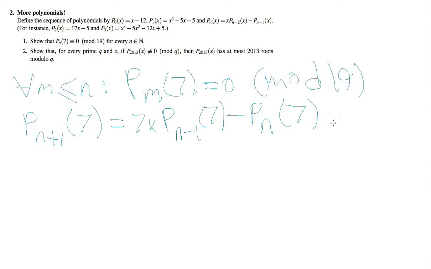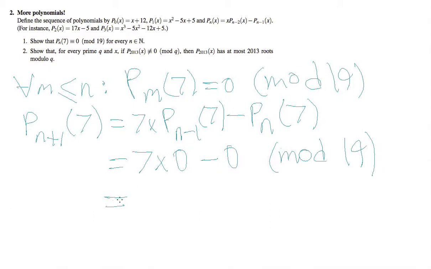So if we're working mod 19, we can write this as 7 times 0 minus 0 mod 19, right? But then 7 times 0 minus 0 is just 0. Okay, that completes our induction.